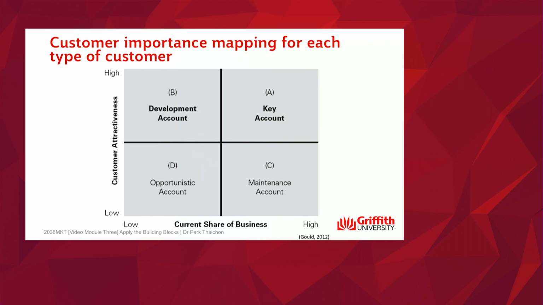Customers in box C are called maintenance accounts. These customers do not guarantee attractive business, and they are buying from the same people. Basically these account C customers spend a lot of money but they don't require a new product, or they don't need to purchase from a new service provider.